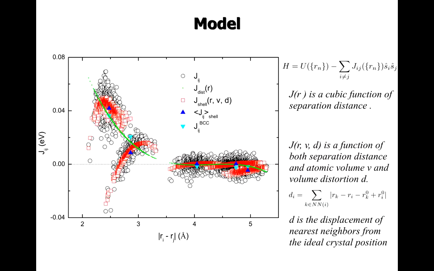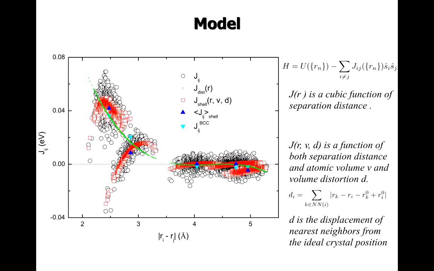So we have been able to derive a more complicated functional form fit to this data in terms of the separation and the local atomic volumes and the distortion of the volumes.